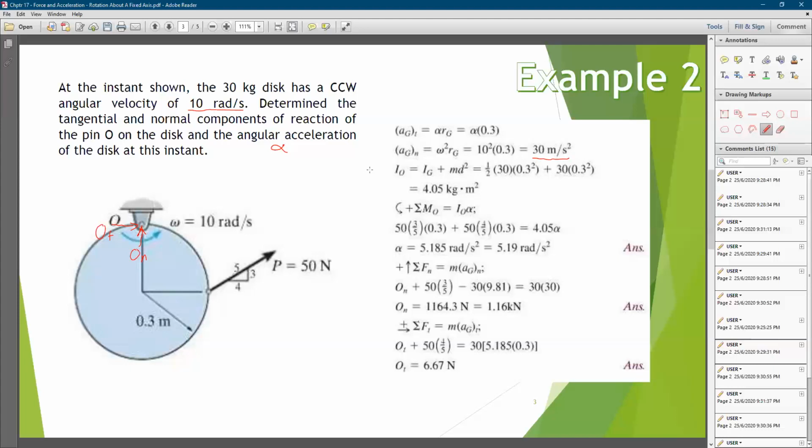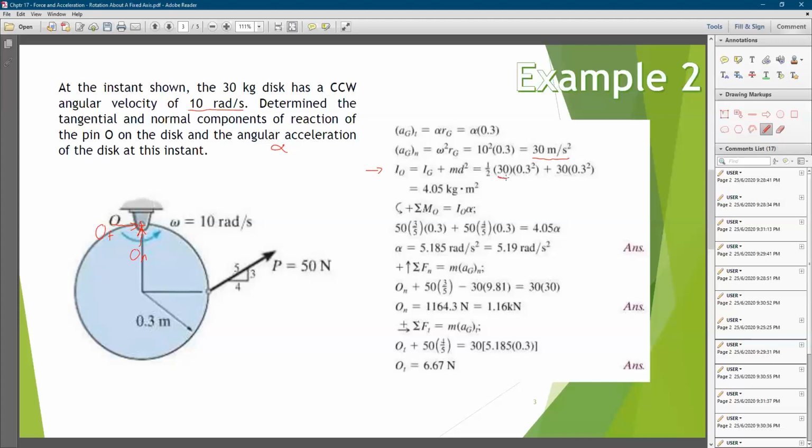Using the parallel axis theorem, we can determine the mass moment of inertia of the disc about this point of rotation. By definition, for a solid disc like this, the mass moment of inertia is equal to half m r squared, plus m d squared.